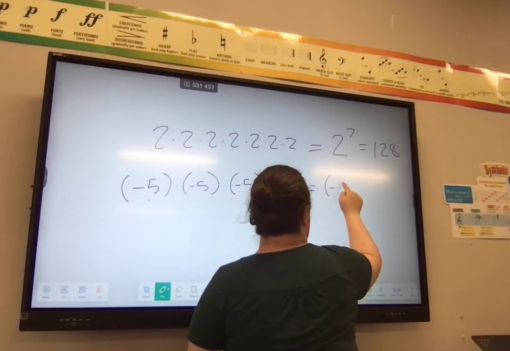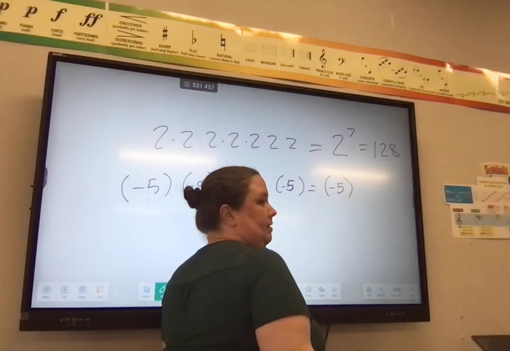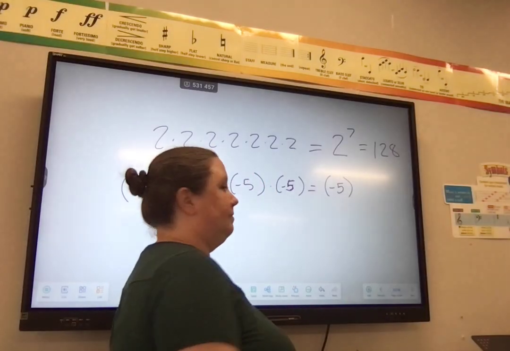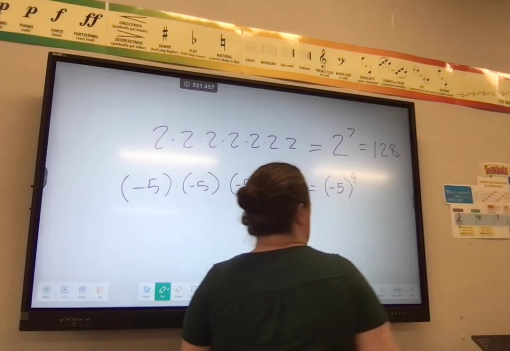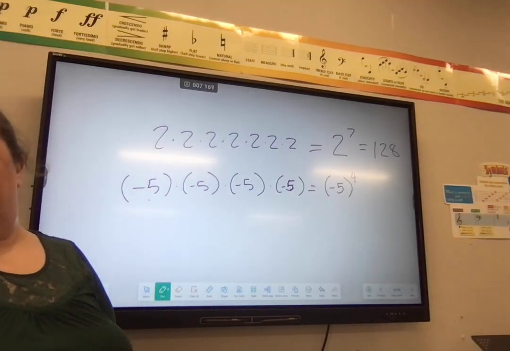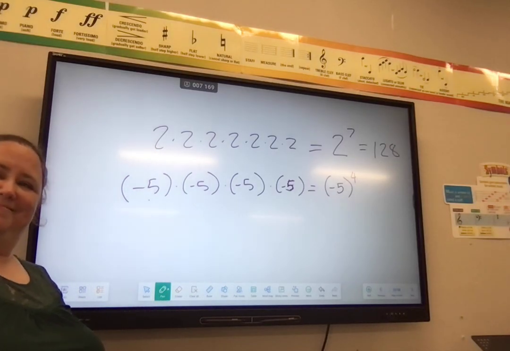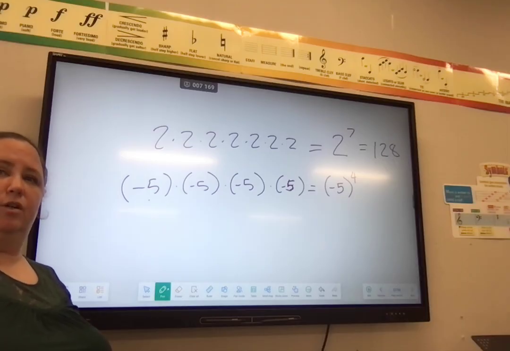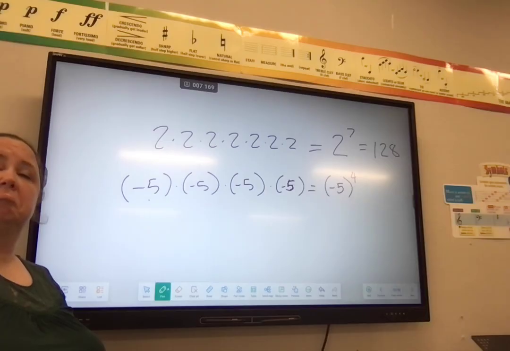Yeah, don't forget the negative. Negative 5 to the power of what? 4. Why is my negative 5 in parentheses? Because to know it's a negative. It is helpful to know it's a negative. So we can change it? No, but I like where your head is.